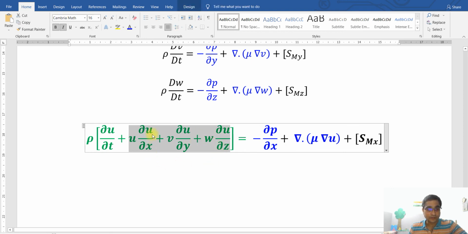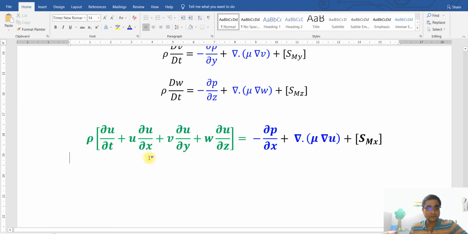The length scale of this phenomenon may go from meters to kilometers, thousands of meters, as you can imagine. It solely depends upon the flow field, what type of flow field we have, and this is the sole contribution of the energy.